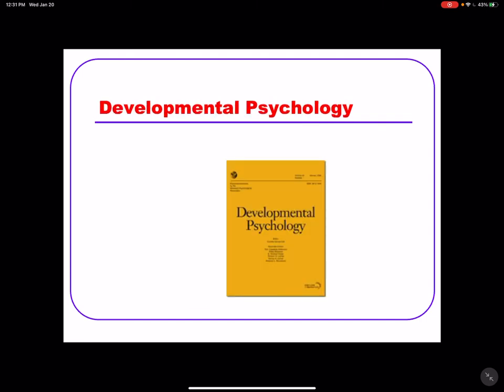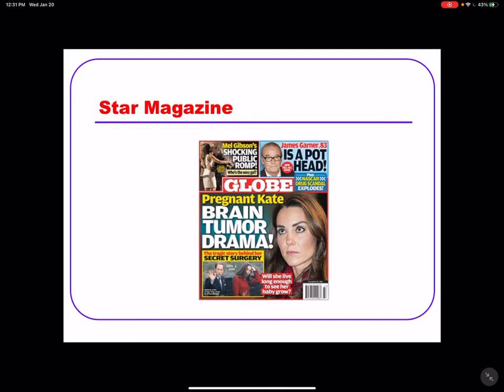Developmental Psychology. We used this one already. You can tell by the cover. It is a scholarly journal. That journal means business. Star Magazine. Yep, sensational. Do you think that James Garner at 83 is a pothead? Really? What is a pothead? Anyway, doesn't it give you a lot of trustworthy information?